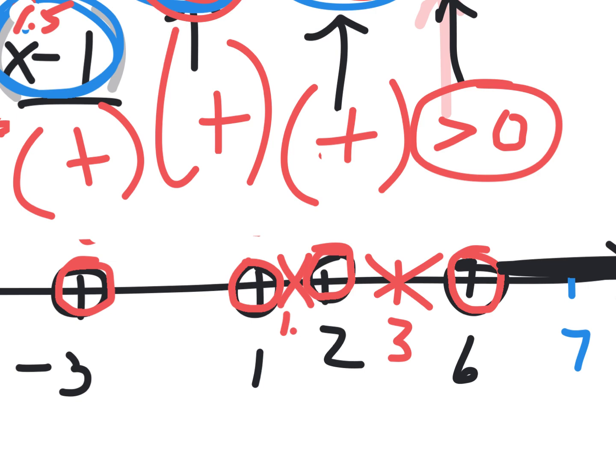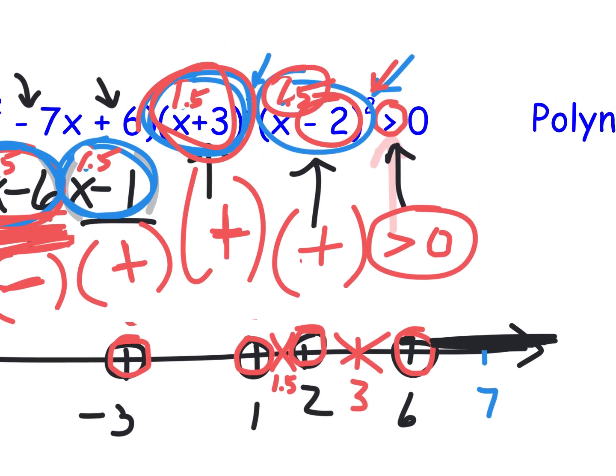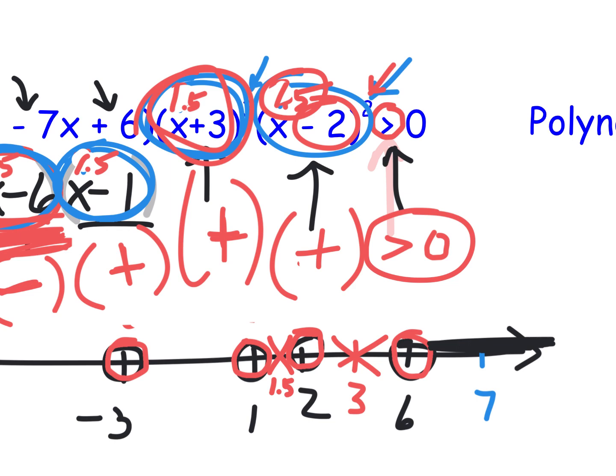We just tested 1.5 and we got negative, positive, positive. Even when you put it to the third, a positive number is still positive. But the gotcha was right here. I thought it was going to be negative, but then it was squared right here. And once you take negative numbers and square them, it comes out positive again.